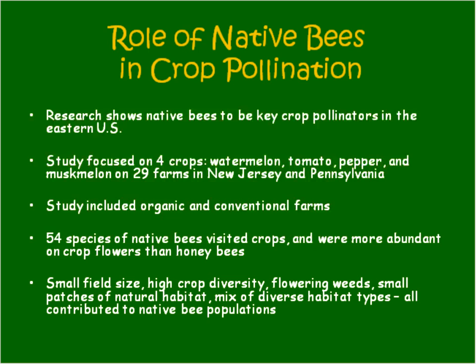And the difference would be that on these eastern farms, the fields tend to be smaller. You've got a high crop diversity, a lot of wood hedgerows, and just diverse habitats in general characterize these farms, and that's all very beneficial to supporting native bee populations.